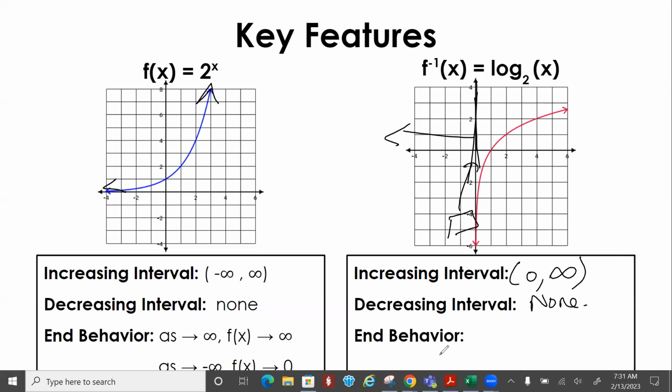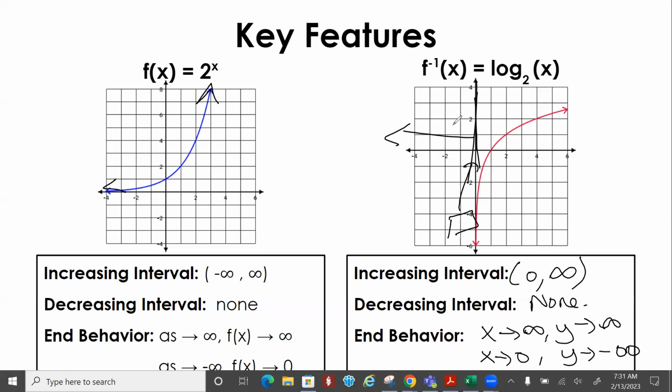For end behavior, we're going to say as x approaches positive infinity, so as we move to the right, where's our y going? It's going up, so we're going to positive infinity. Now here's the tricky part that people mess up on. As we go to the left, we're actually just going to 0, right? And where is that going towards? Well, it's going to negative infinity.